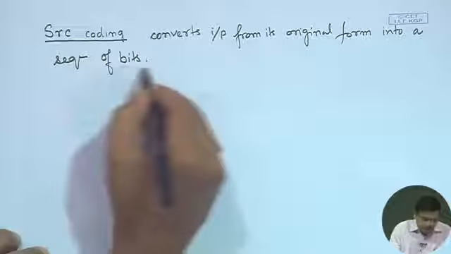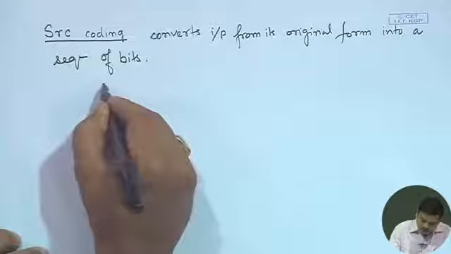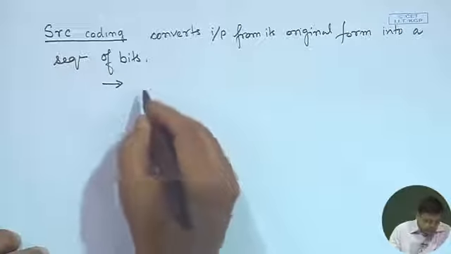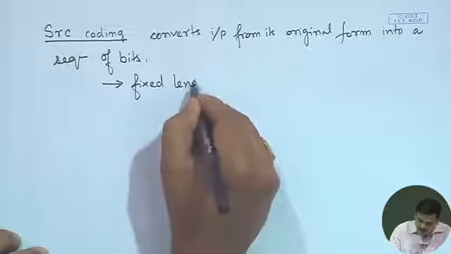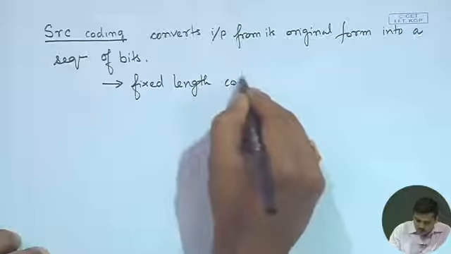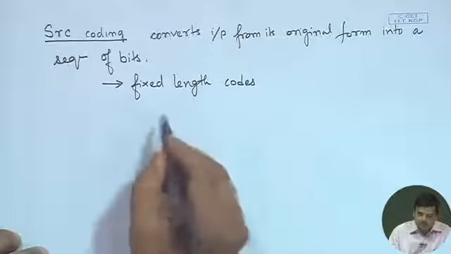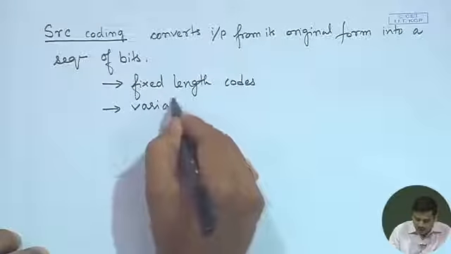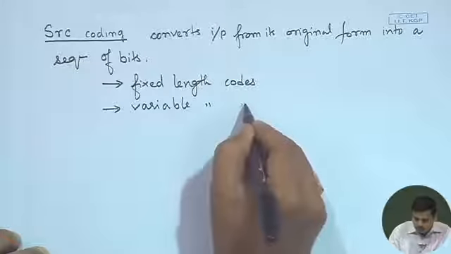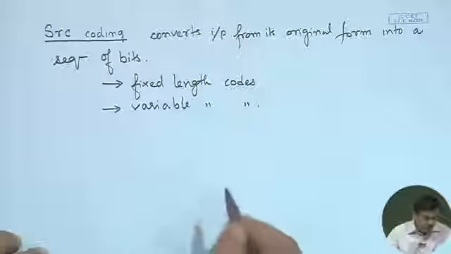So, beyond a conversion to a sequence of bits, these sequences of bits can be fixed length codes. We will slowly understand what is meant by codes and what is a fixed length code. They could be converted into a variable length code, right? That is what we are going to see.